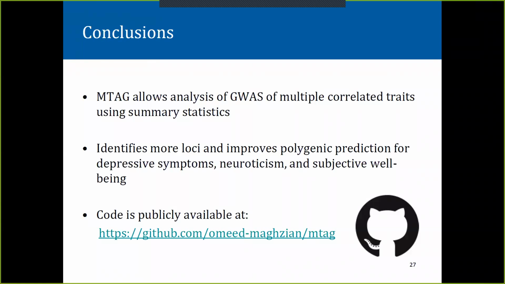Because if it's a really strong association in your secondary trait, and then all of a sudden you find that it's marginally significant in the MTAG results, you might worry that this is one of these bad SNPs that is important for the secondary trait but not associated with the first one. So there are some things that you could do, I think, post-MTAG analyses to explore the credibility of your findings. We've not looked into that carefully though. Okay, thanks very much.